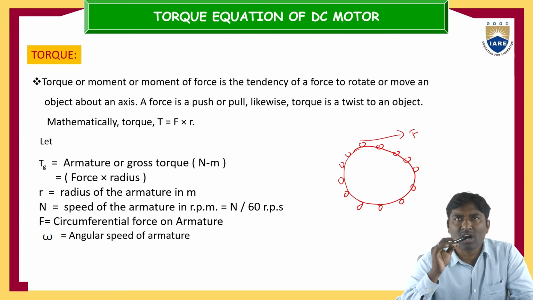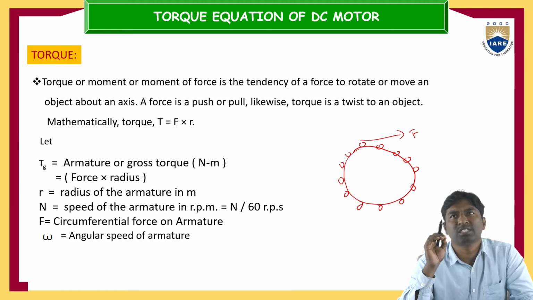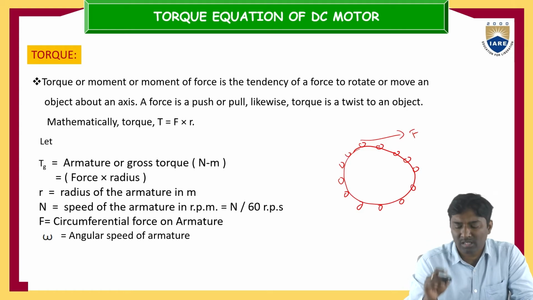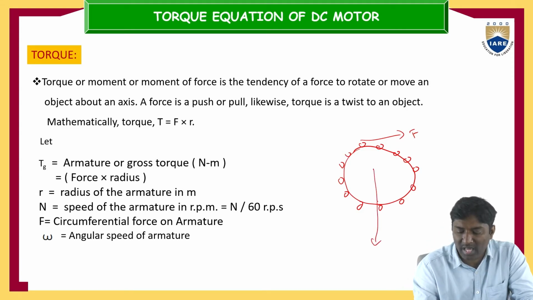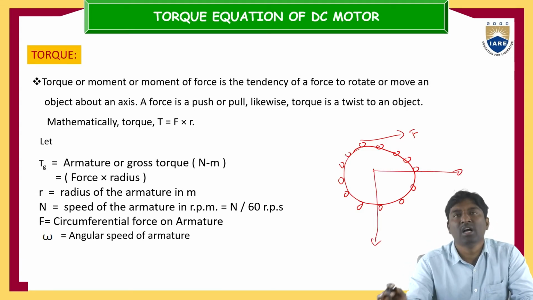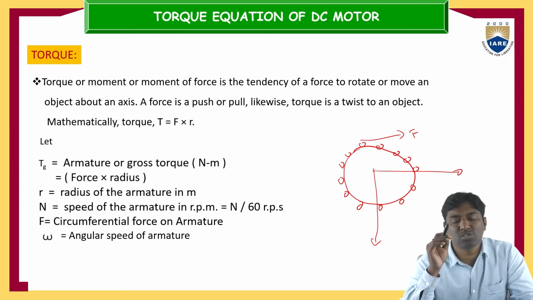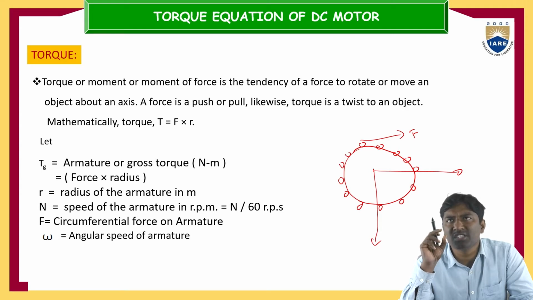So a torque is also called moment of force, the tendency of a force to rotate or move an object about an axis. This is the axis I am taking. A force is a push or pull. Likewise, torque is a twist to an object.